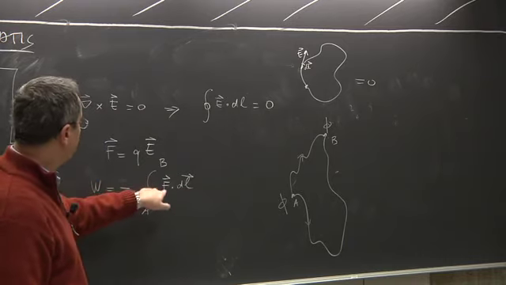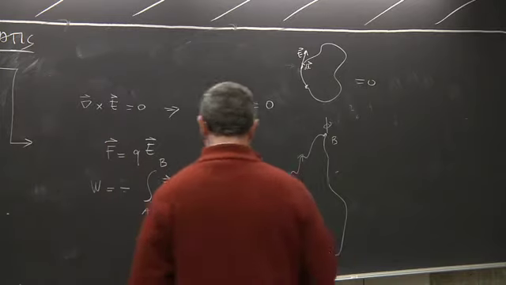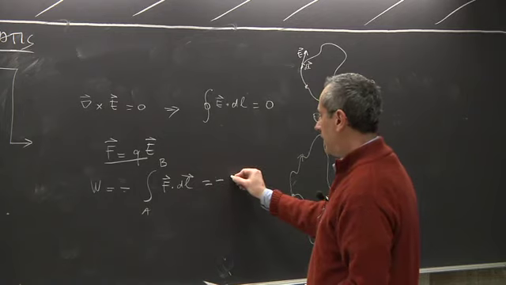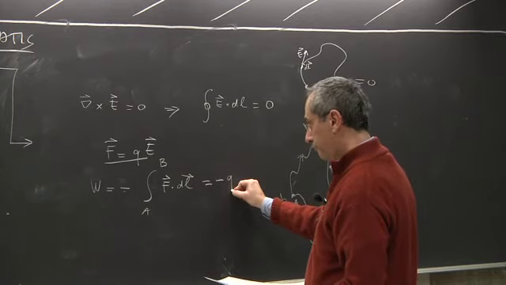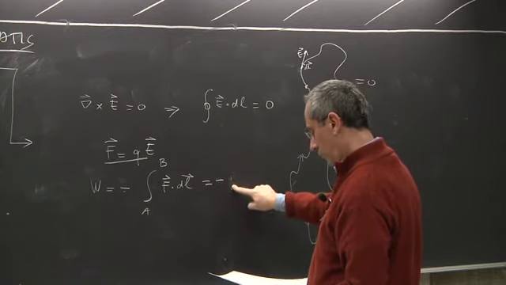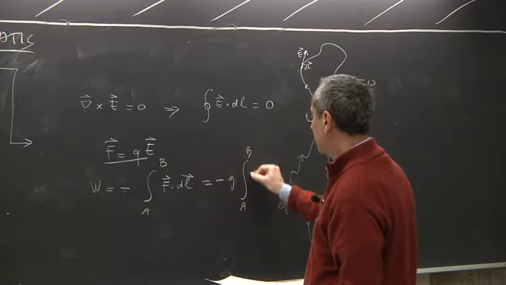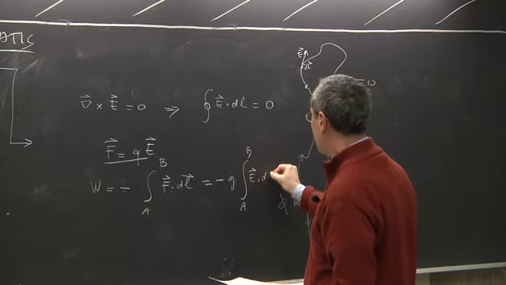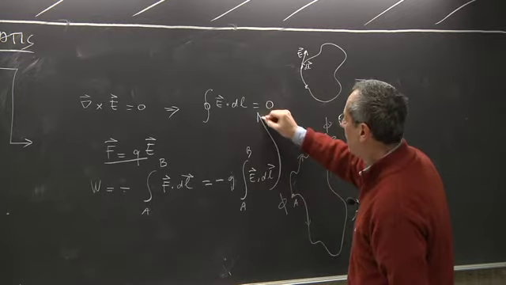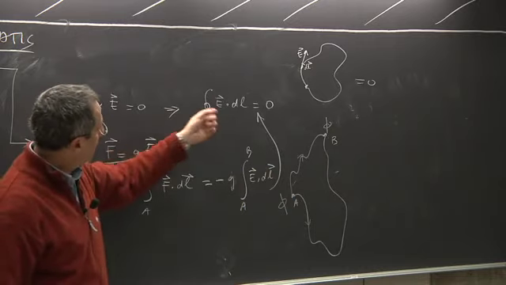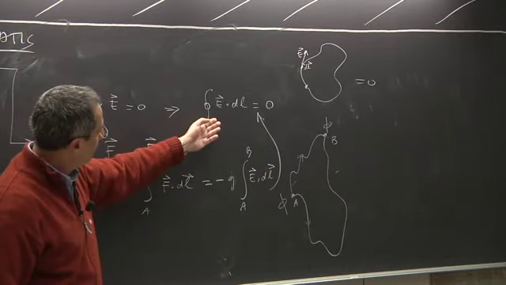But I can replace the force with the field, because of this definition. I put a Q here, and then what I'm really doing is the integral of the E field along the L. And you see then this property comes here, is exactly what I told you, right?